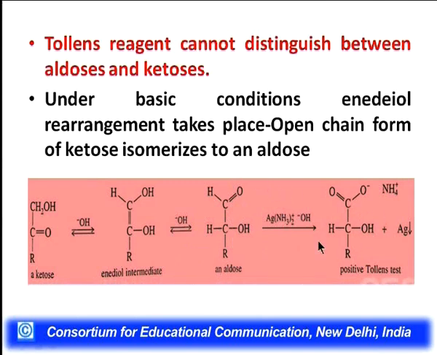When we heat an aldehyde, or glucose, with ammoniacal silver nitrate, which is Tollens reagent, we get a beautiful silver mirror at the bottom of the boiling tube.